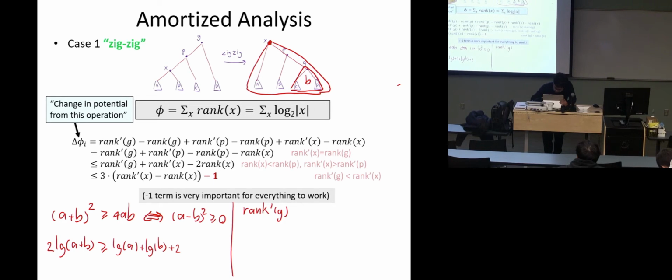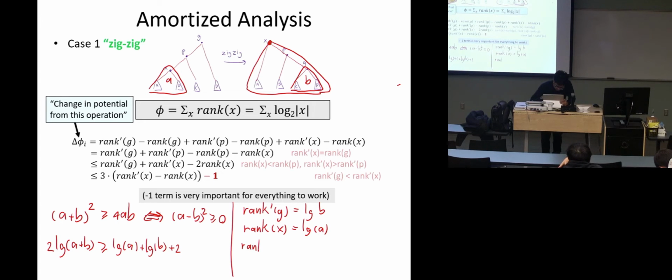I call this thing B. This is just log of B. And then rank of X is something like here. I call the total weight of this subtree A. So the rank of X is just log of A.